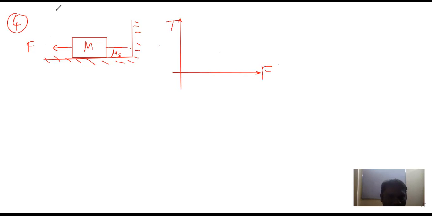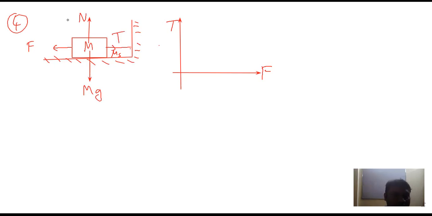So let us think about the forces acting. One is mg in downward direction, another is normal reaction in upward direction. Then we have the tension force on this block, which will be in forward direction.